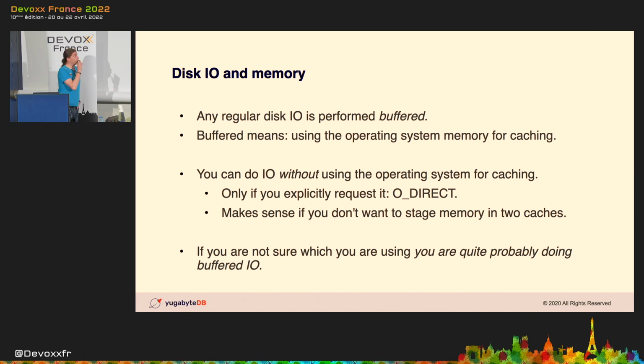Okay, first topic is regular disk I/O. Any regular disk I/O is performed buffered. There is another option, which is to perform it using O_DIRECT, but O_DIRECT is a flag which explicitly needs to be set by the application, and it means that the I/O is done directly to the disk system, and it completely bypasses the page cache, the cache of the operating system.